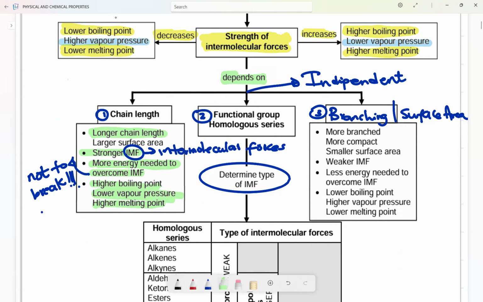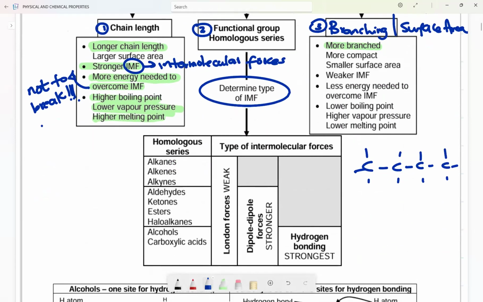Okay. Now let's go to the second one, which is branching. So we are saying if our organic compound is more branched, what will happen? Let's say I had this compound. Can you see it is less branched or does not have a branch at all?